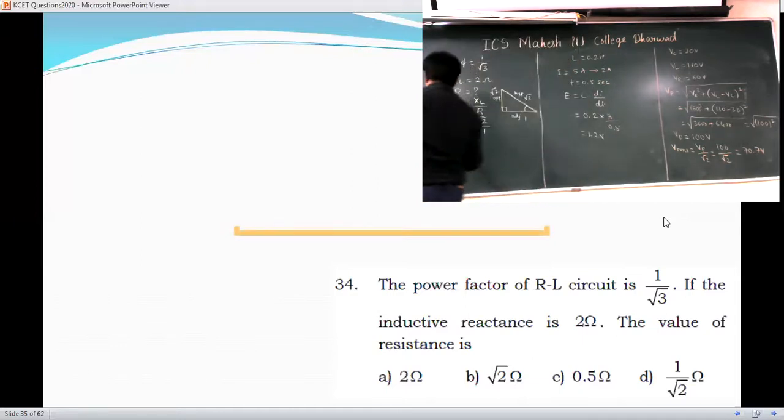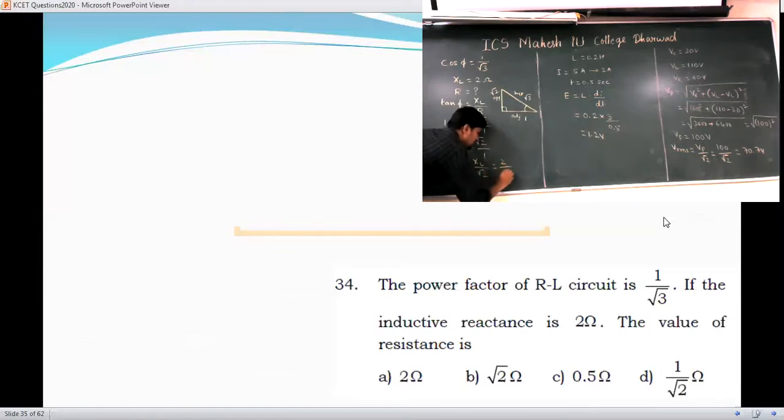Now if you equate these two, XL by R is equal to root 2 by 1. What I need is R. So R is equal to XL by root 2. XL already they have given, it is 2. So it is 2 divided by root 2.